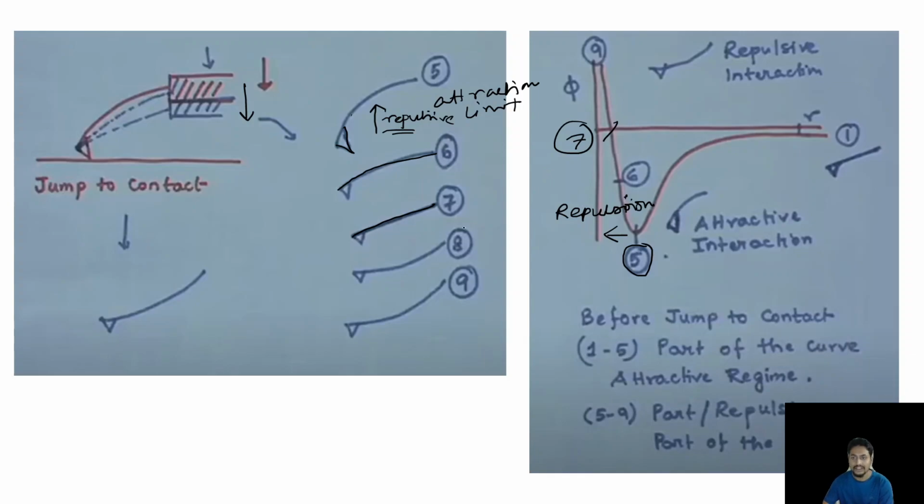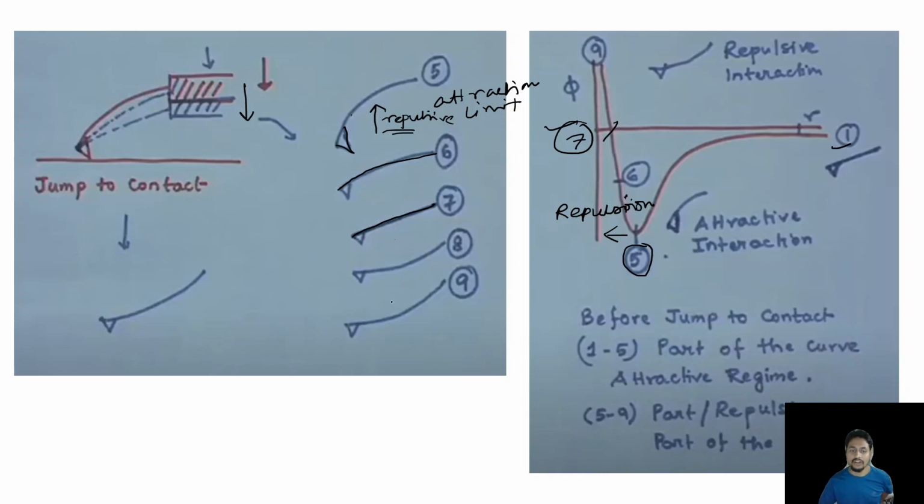So at point 1 and point 7, the bending of the cantilever is the same, but here no attraction or repulsion is actually there with the surface, whereas here the amount of attraction force and repulsion force is similar. So that's why there is no deflection. Then, let's say this is the 7th position, the motor is still not switched off.